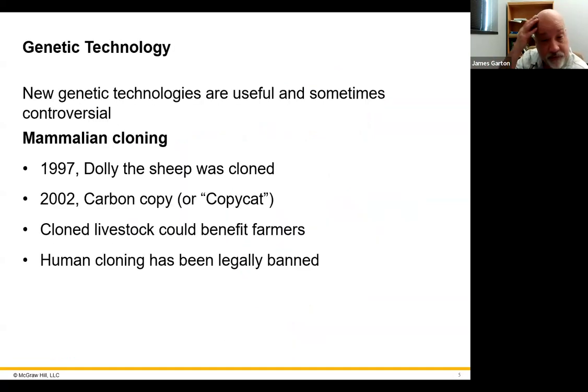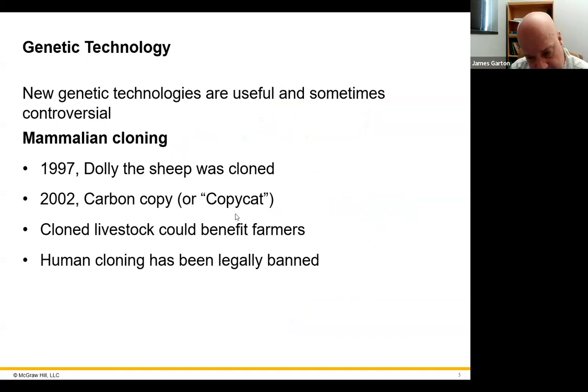Now, some other examples of genetic advances. I'm old enough to remember that when I was in college, and I graduated from college in 1994, it was thought impossible that mammals would be able to be cloned.